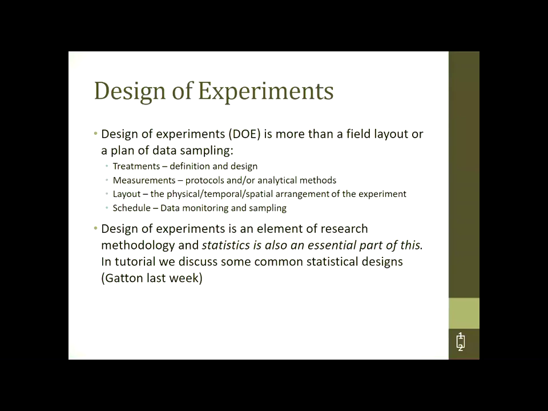So what are the protocols, the methodologies, the analytical techniques that are going to be used, and what type of equipment is required? We must think about the physical layout of the experiment, how that is arranged either spatially or temporally. Some experiments that I work on typically have both a spatial and a temporal component.